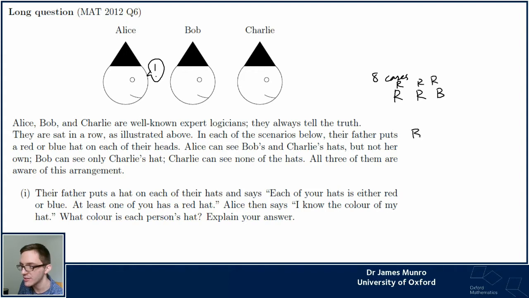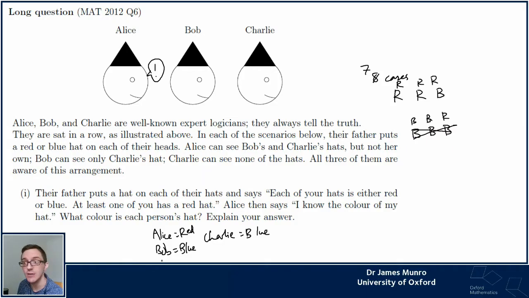Or hang on, no, there's actually only 7 cases because blue, blue, blue is banned. So we get to go through thinking about all the 7 cases, but perhaps there's a better way to phrase it. Perhaps someone in chat can come up with one kind of succinct explanation. We need to explain our answer as well.